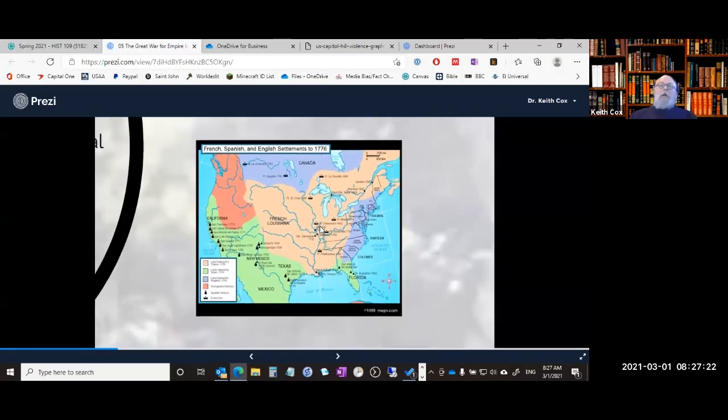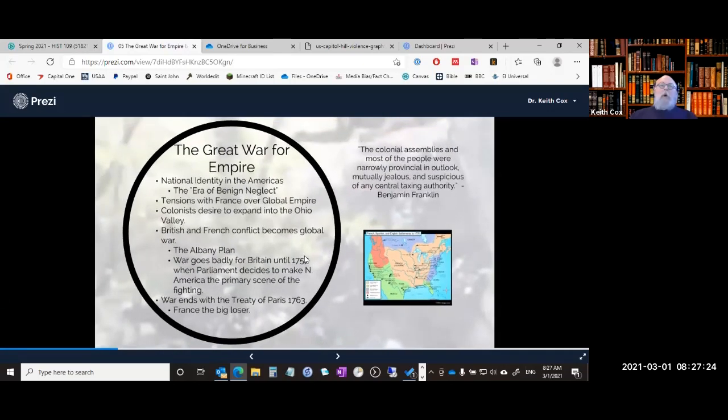So one of the things that they do, the British Parliament will basically instruct the colonists to come together and to come up with a plan for opposing the French in North America, right? That's why this great war for empire is called, in America, the French and Indian War, right?